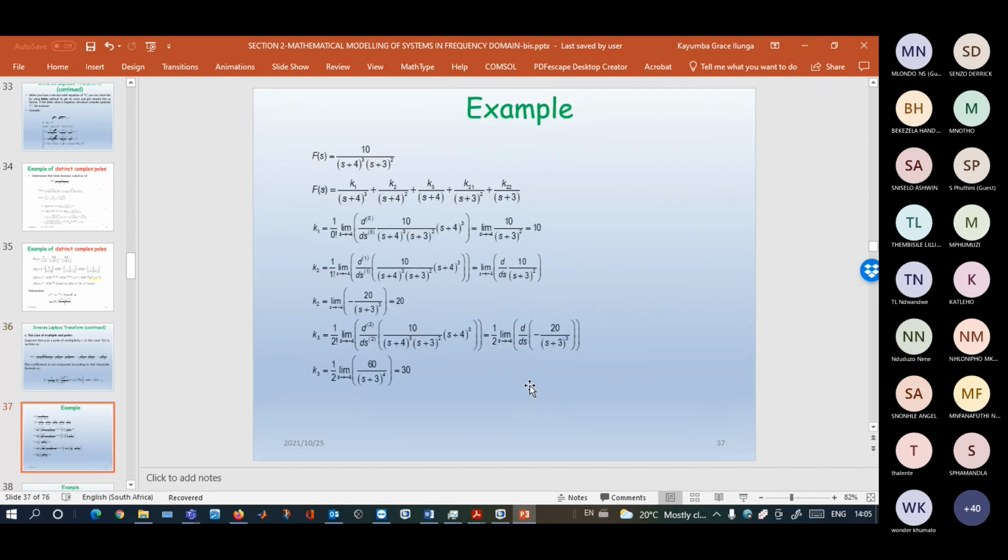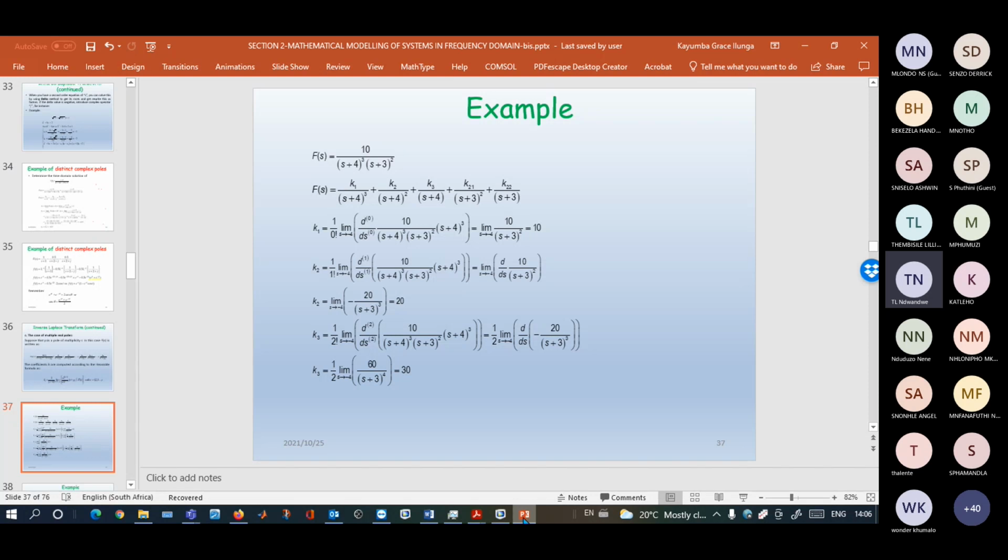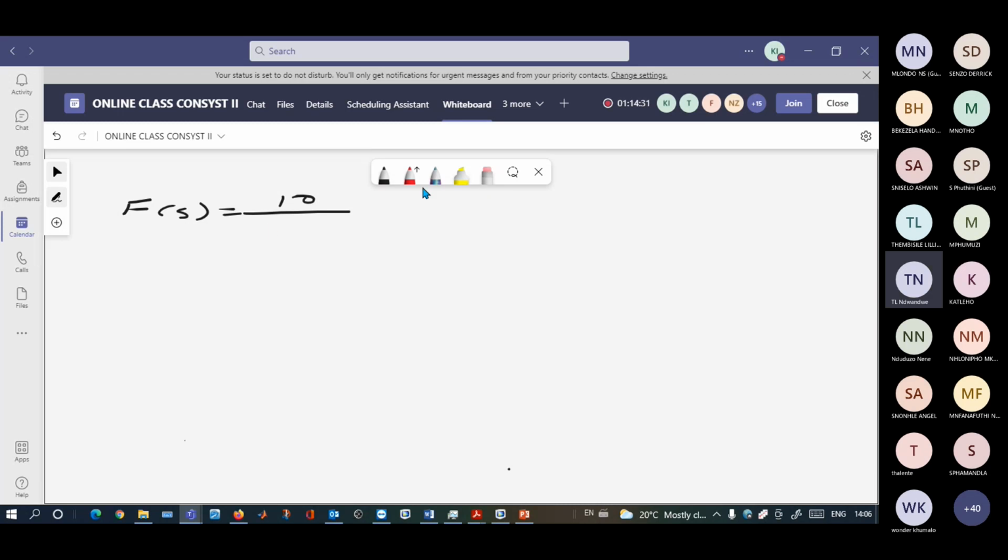So let's take now an example that is given to us. Let me use the board again. The example given to us is F(s) is equal to 10 over, let's see, 10 over (s plus 4) squared times (s plus 3).